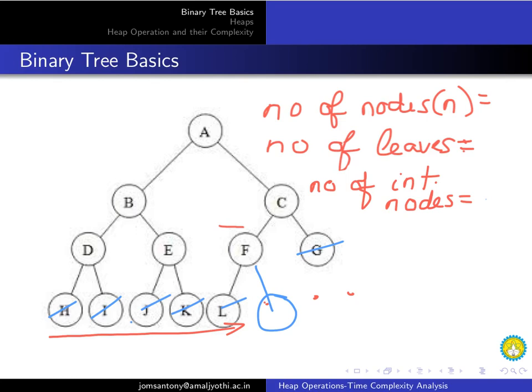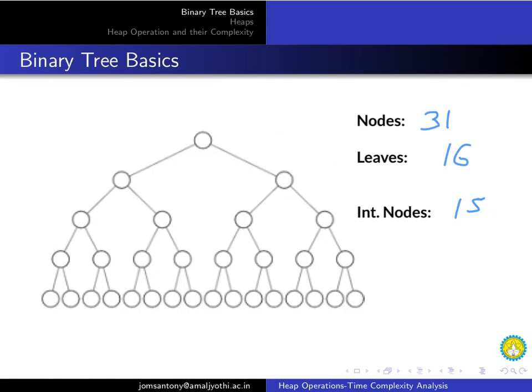Here the total number of nodes is 13, and the total number of leaves, you can see 2, 4, 6 and 7, and so the number of internal nodes is 6. We can add a few more nodes and verify that this property is roughly holding. In this example you can see that there are 31 nodes and the number of leaves is 16 and the number of internal nodes is 15.